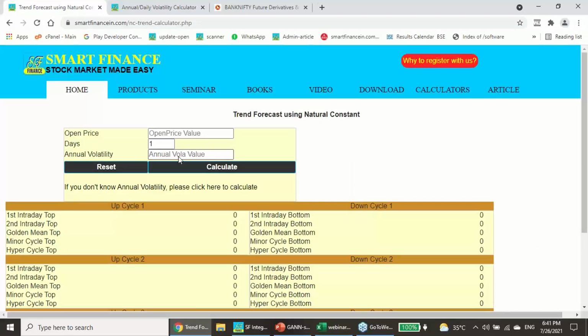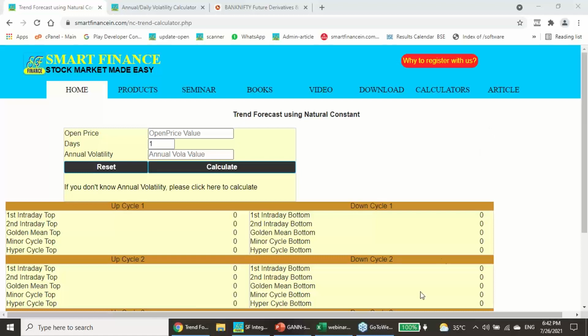This will give you a fantastic result in intraday as well as positional trades. Test it for a few days. If you are not comfortable making these calculations in Excel, use the web calculator and follow it for a couple of days. You will know the accuracy of this method.